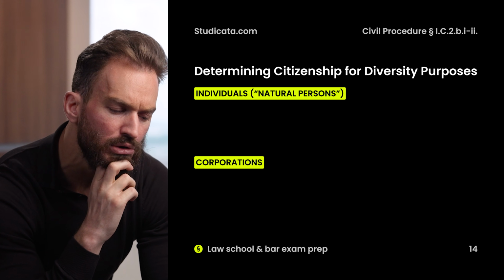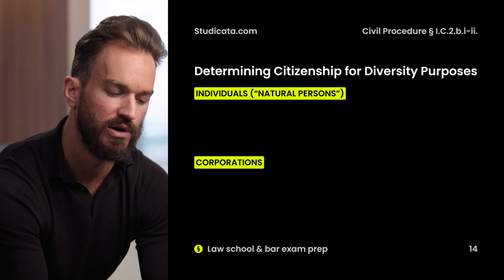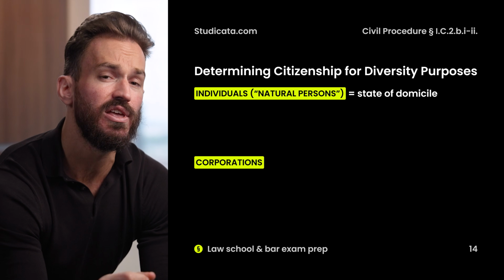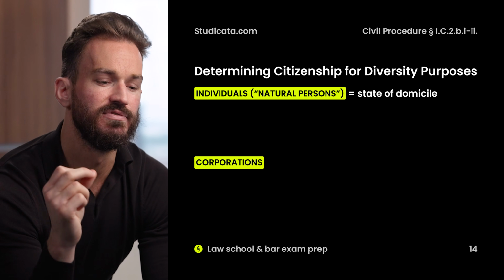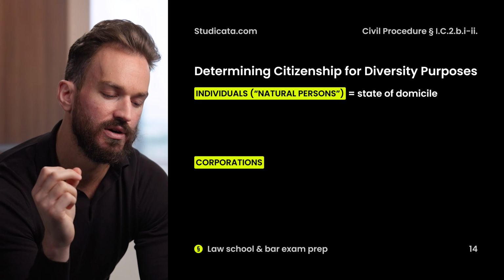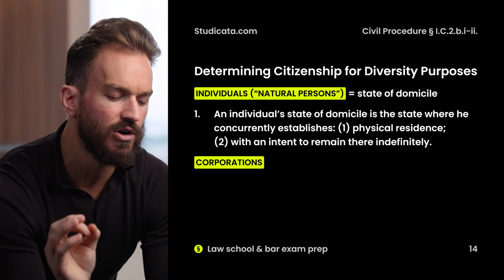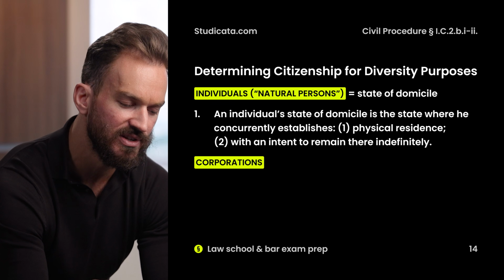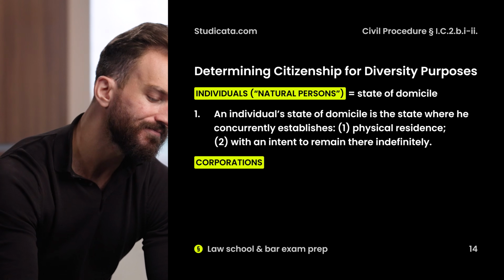For individuals, or what you'll sometimes hear courts refer to as natural persons, it's the state of domicile. Basically, an individual is deemed to be a citizen of the state where they are domiciled. An individual's state of domicile is the state where he concurrently establishes physical residence with an intent to remain there indefinitely.